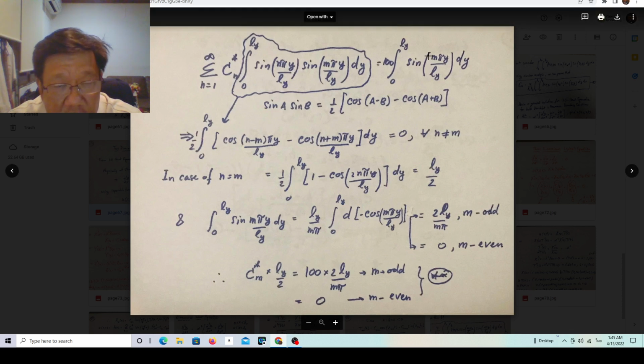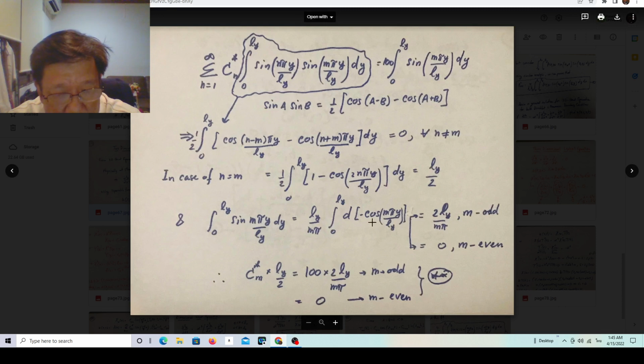For the right hand side, certainly the 100 value is here. And again, if you want to find the integral between 0 and L sub y of sine m times pi y divided by L sub y, this is a direct integral method from basic calculus.